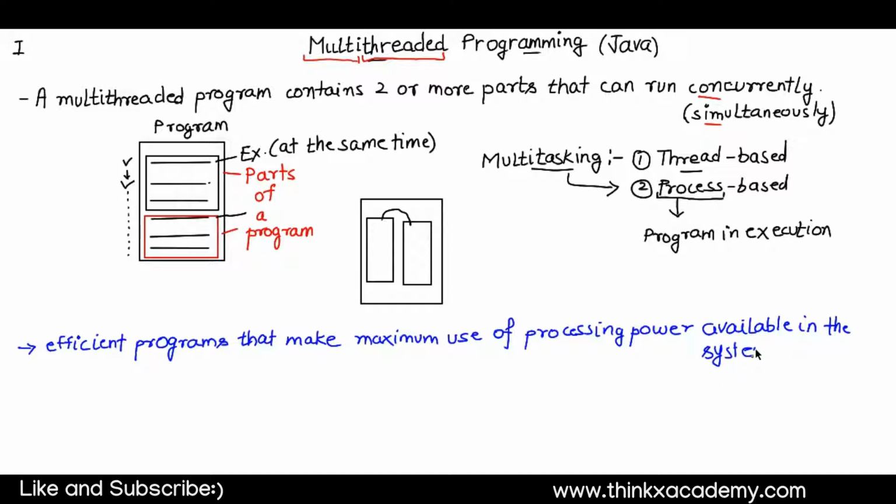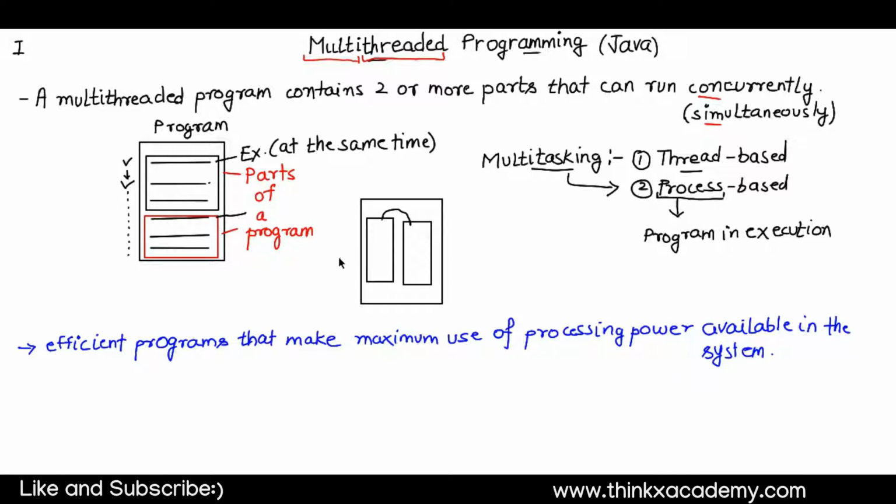As we all know, computer systems or any other systems like mobile phones have good processing power nowadays. If you run a whole program in a single execution, it will not make use of the whole processing power.